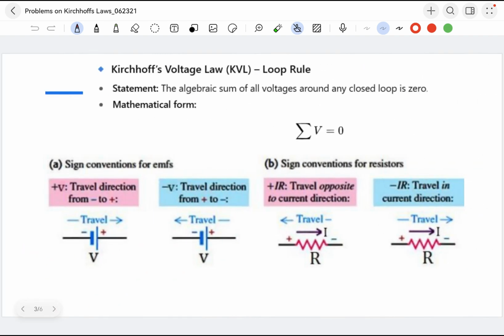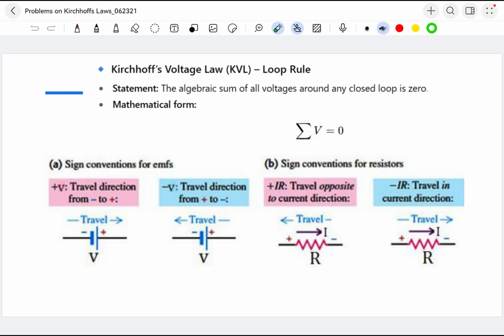Now the Kirchhoff's voltage law. It is also called loop law. The statement of this law is the algebraic sum of all the voltages around any closed loop is equal to 0. Mathematically, we represent like this.